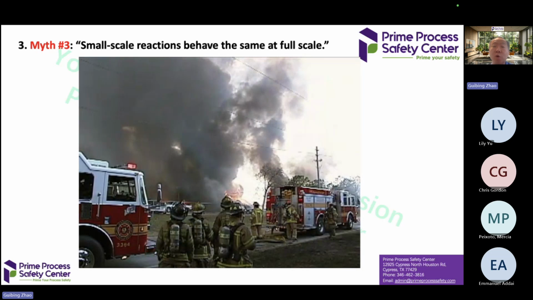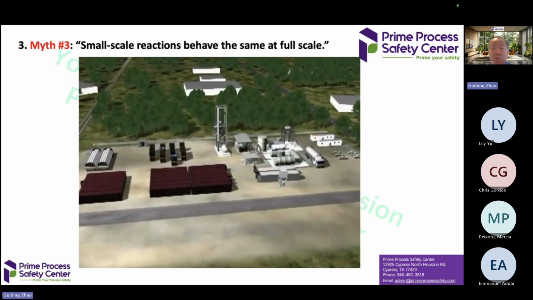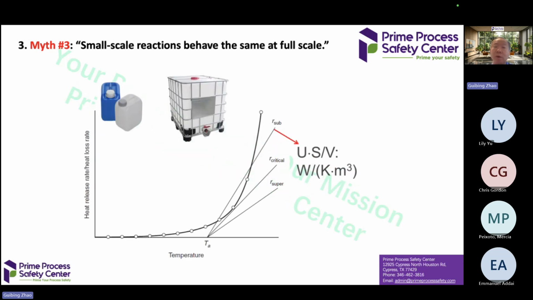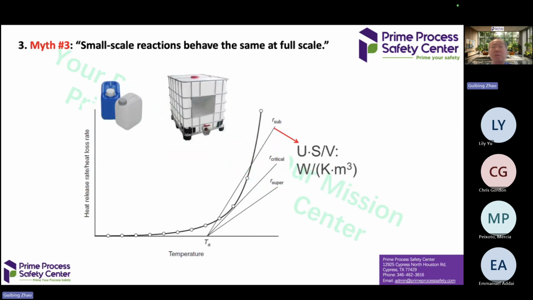During normal runs, they observed the temperature was very hard to control. Why? Because of the heat removal capacity and the scale-up issue. So when we run small scale and big scale, we really need to think about what the difference is between a small container and a big container.